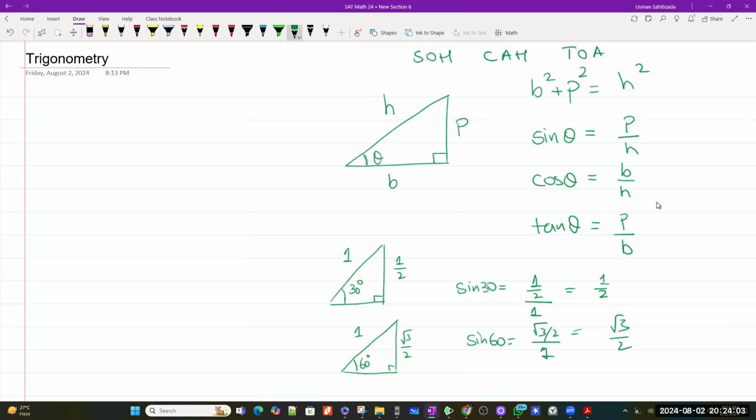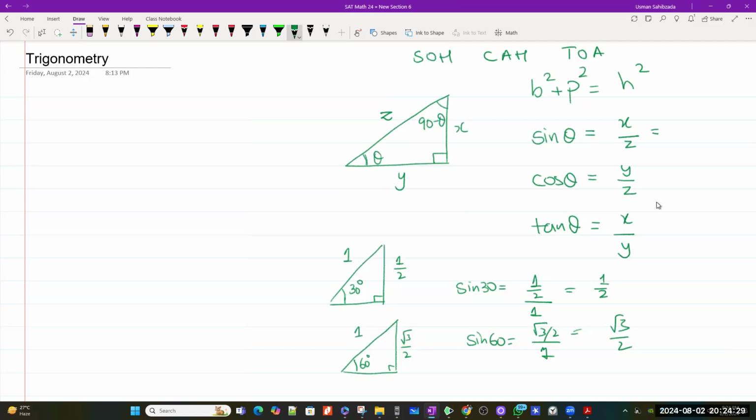If this angle is theta, the angle on top becomes 90 minus theta. So if I was to replace the perpendicular with the alphabet X, the base with the alphabet Y, and the hypotenuse with the alphabet Z, then I would have said sine theta is X over Z, cos theta is Y over Z, and tan theta is X over Y. You would not disagree, I hope.